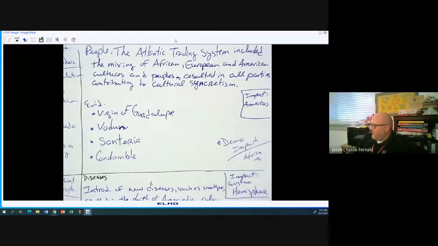One category of analysis you could use for peoples is that the Atlantic trading system included a mixing of African, European, and American cultures and peoples, resulting in all parties contributing to cultural synthesis. Some examples of evidence you could use here would be the Virgin of Guadalupe, Vodun, Santeria, Candomblé, all things that arise in the Americas, right? So that is the impact in the Americas. That's one angle you could use with this.